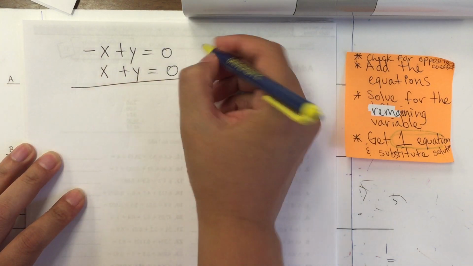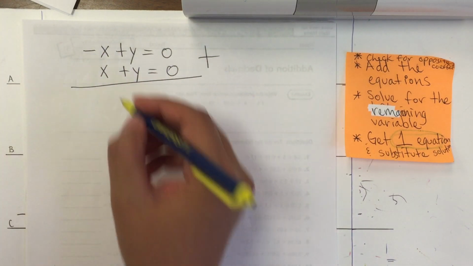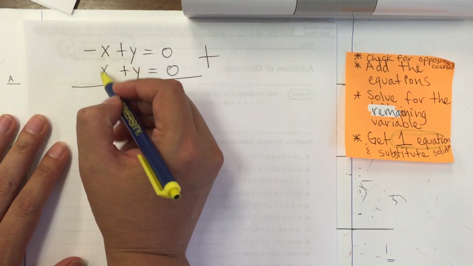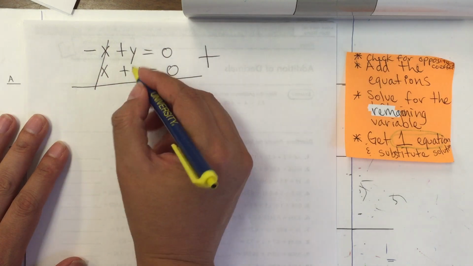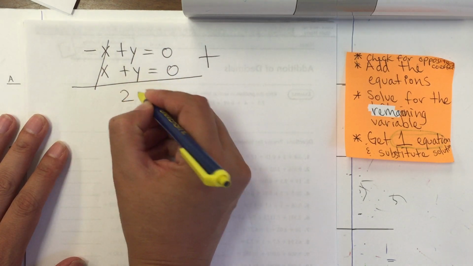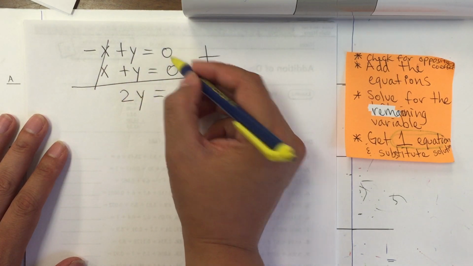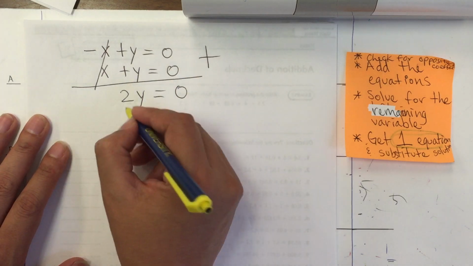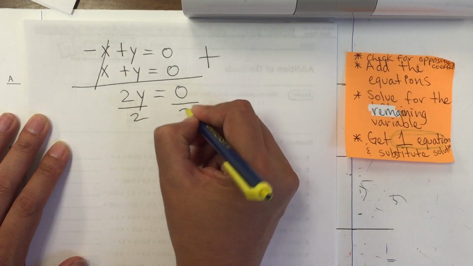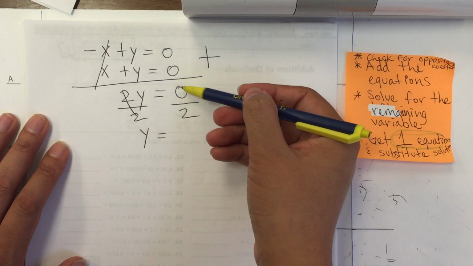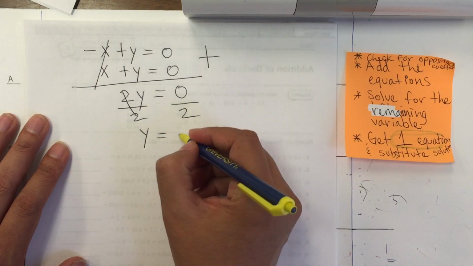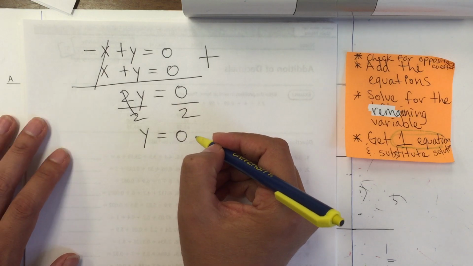So I add them, and negative x plus x cancel. Y plus y is 2y equals 0 plus 0 is 0, and then I divide by 2, so y is equal to, anytime we have 0 divided by any number, the answer will be 0.